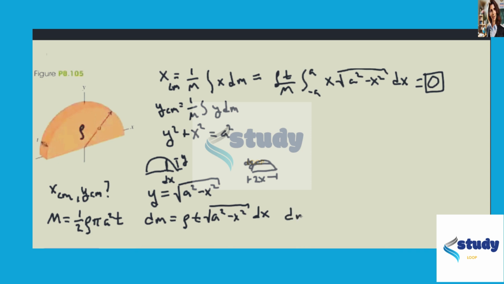So here our dm is going to be rho times the thickness times 2x, the width, which we just solve this one for x now, square root of a squared minus y squared, and then the height is dy.